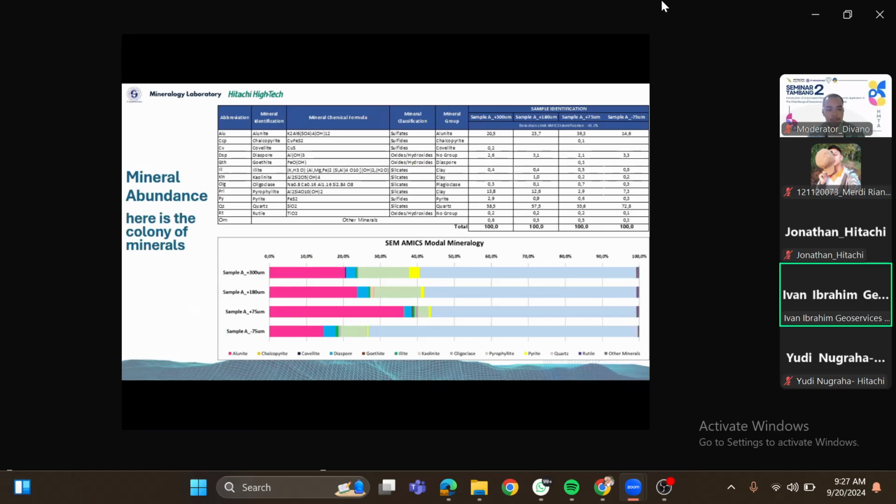Nah, di sini kita lihat ada chalcopyrite dan covellite sebagai mineral target, walaupun hadirnya juga kecil-kecil ya, below 0.5. Lalu ada mineral-mineral pengotor seperti clay dengan tipe-tipe yang bisa spesifik ditentukan oleh AMICS, lalu pirit dan juga kuarsa. Oke, next.